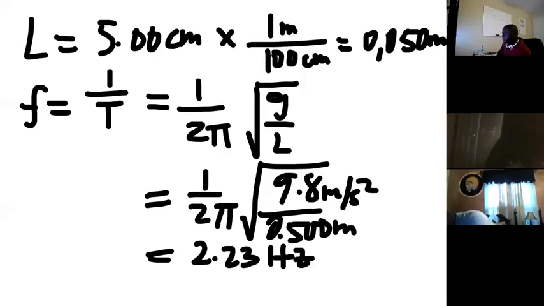Is that 0.500 meters? Yes. And that's because the length was given to 3 significant figures. So that's why I kept 2 zeros after 5 to maintain the 3 significant figures.